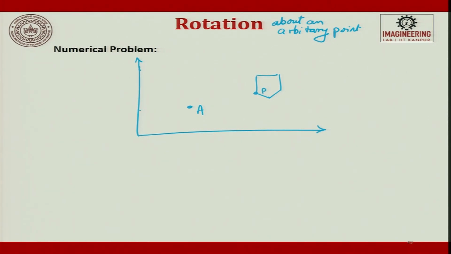So, I am defining about this point; it is not about the origin. I am saying that this is delta y and this is delta x. So, from here I give the distance as r. Now, it is transformed into r. So, this is theta and the new point is going to be something like this. So, this will be P dash. Okay. So, about an arbitrary point, we can do rotation.